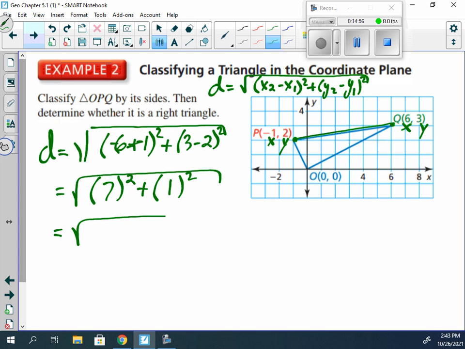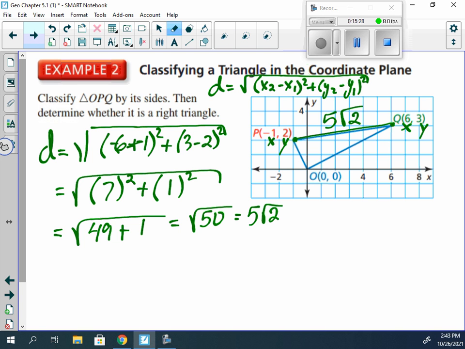Well, 7 squared, 7 times 7 is 49, 1 squared is 1, which would be the square root of 50. Now this here would reduce to 5 square root of 2. Because square root of 50 is fine, 5 square root of 2 is fine. If you typed it into the calculator, it would tell you it's 5 square root of 2. So the distance from P to Q is 5 square root of 2.